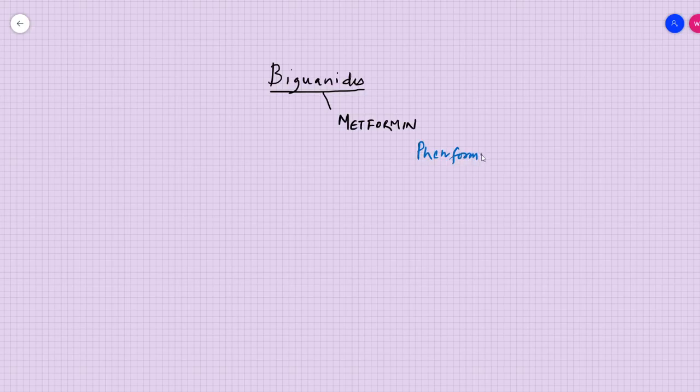Let us discuss biguanides. The representative drug of this chemical class is metformin. There have been two other drugs, fenformin and buformin.